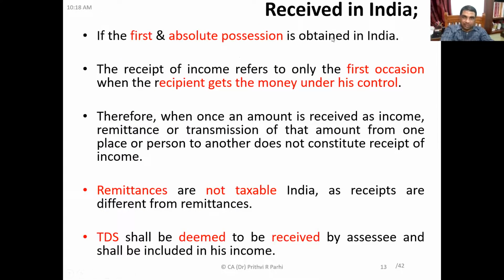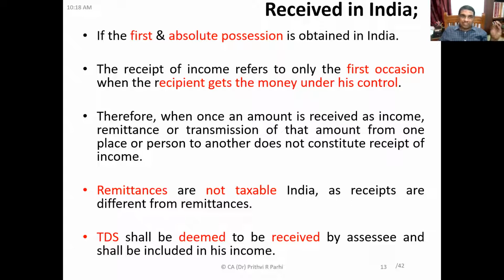Now, the next issue is about income received in India. Very simple to understand. When I say income received in India, that means the first and absolute position is obtained in India. Let us say someone is working in the US and he got a salary in the US.